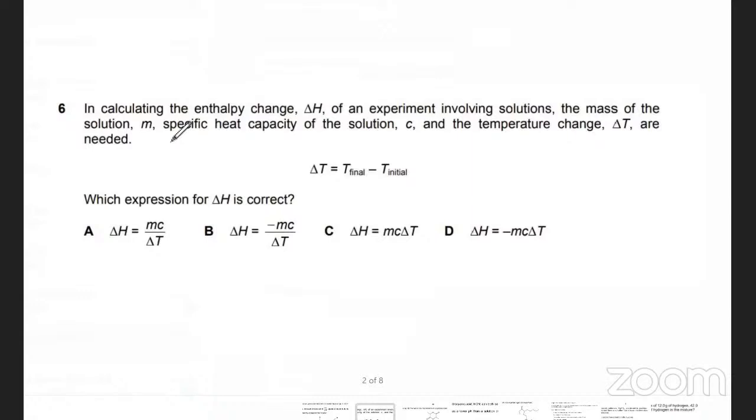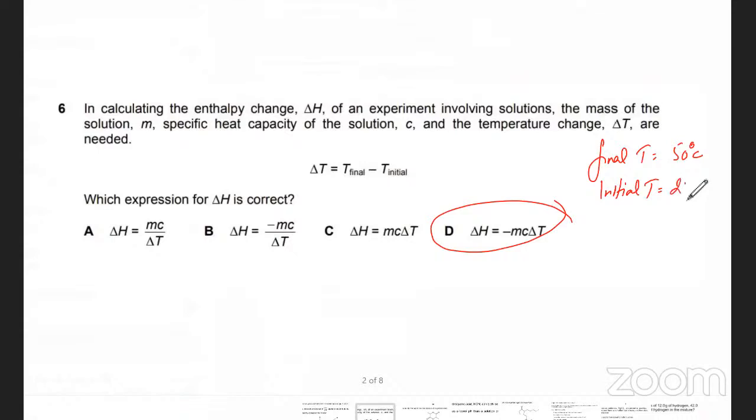So next one, you've got the enthalpy change of an experiment involving solutions. The mass of the solution M and temperature change are needed. What expression? It's going to be minus MC delta T, I guess. So why is there a minus sign? That's the question, because they haven't mentioned anything. So I'm going to take some values. Let's say the final temperature is 50 degrees centigrade. The initial temperature is 25, right?